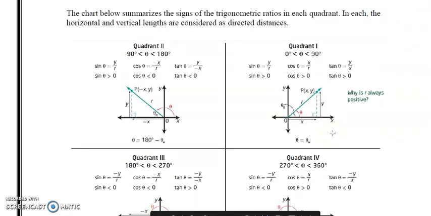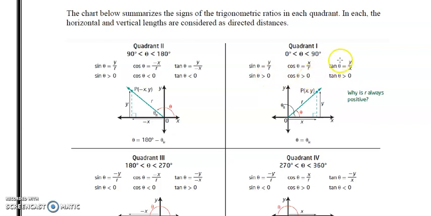So I know it's busy, but this chart summarizes all the signs of the trig ratios in each quadrant. I'm going to do a quick summarization for you on the next page, but this is where it all comes from, instead of me just throwing it at you. So if we're talking quadrant one, what I just showed above, sine theta is y over r, and that would be greater than 0, so basically it's positive.